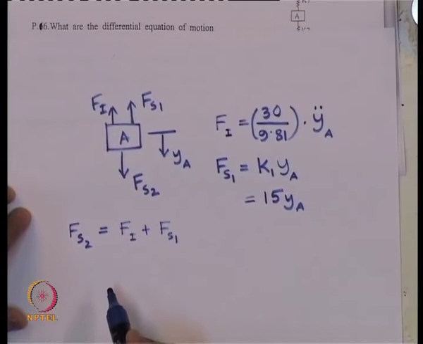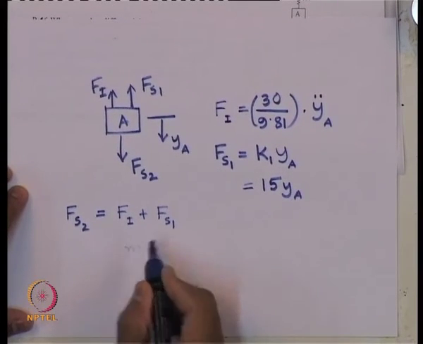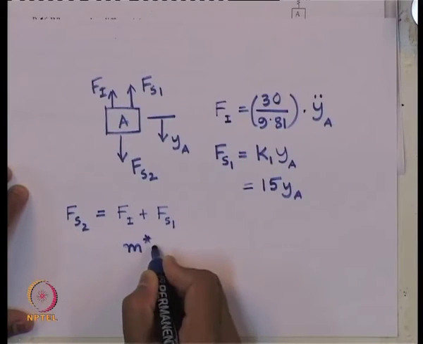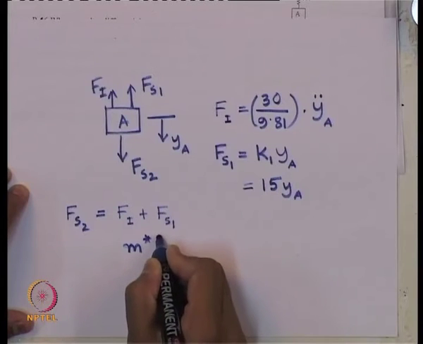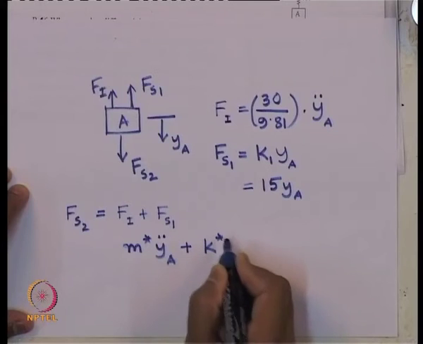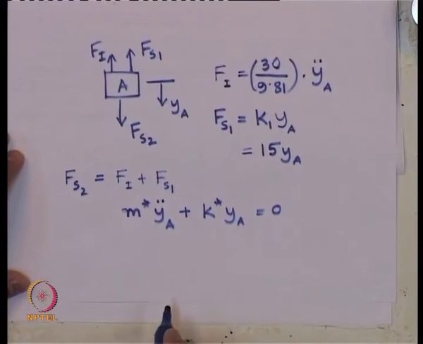Using this equilibrium condition, now we can put our equation in the known canonical form by putting expressions for all the known parameters: m star y a double dot plus k star y a equals 0.